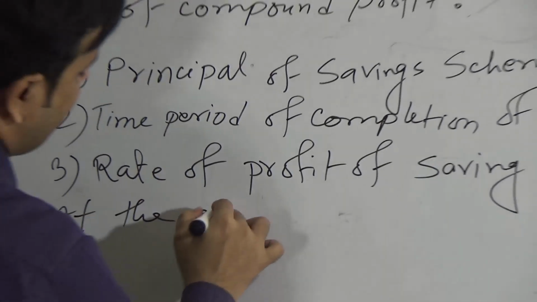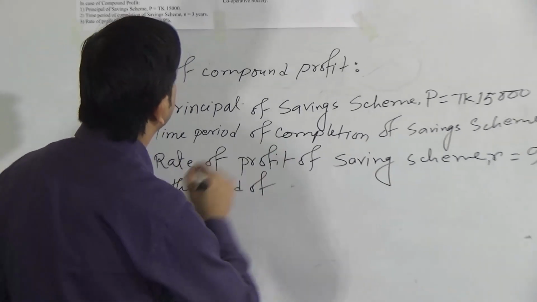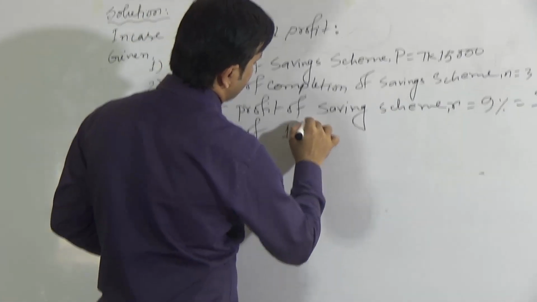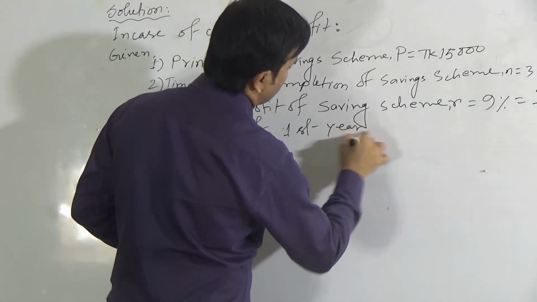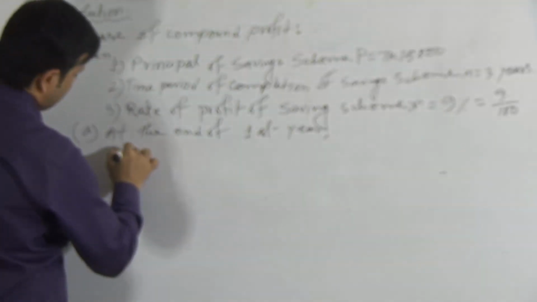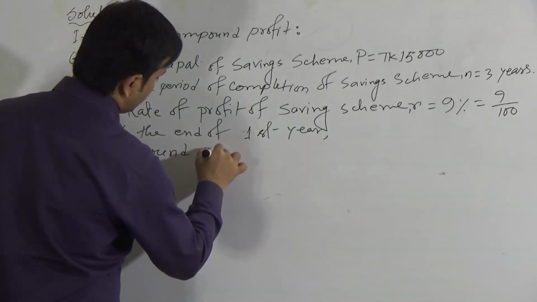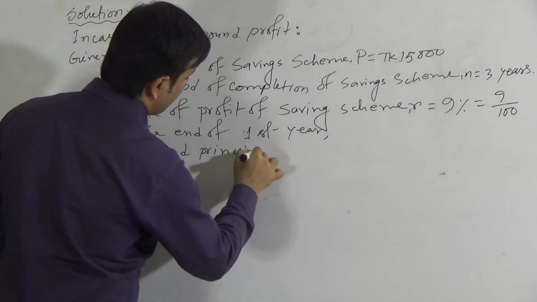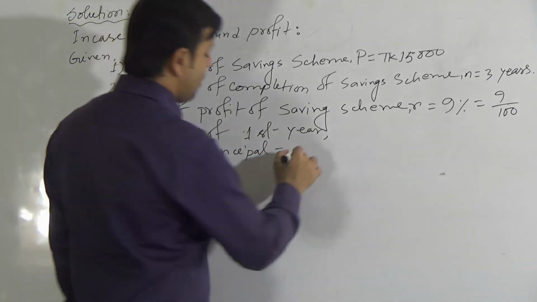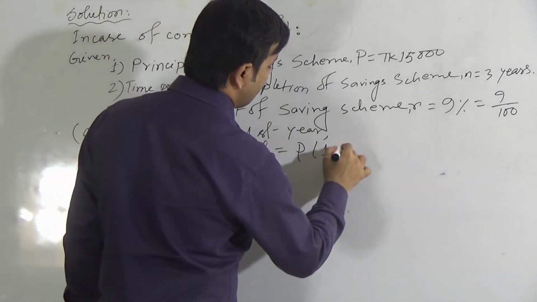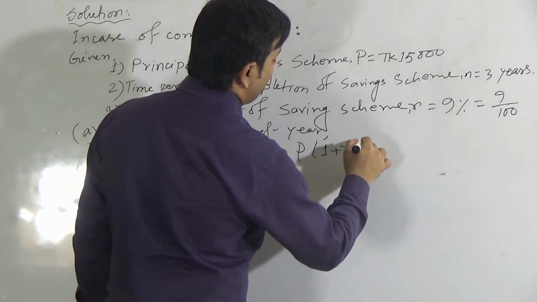At the end of first year, compound principal will be equal to P into 1 plus R whole to the power n.